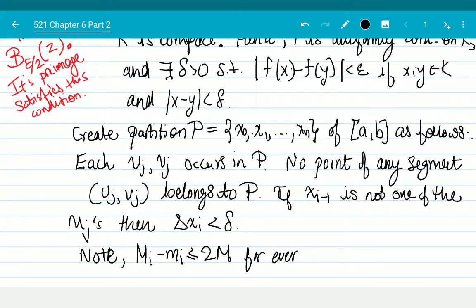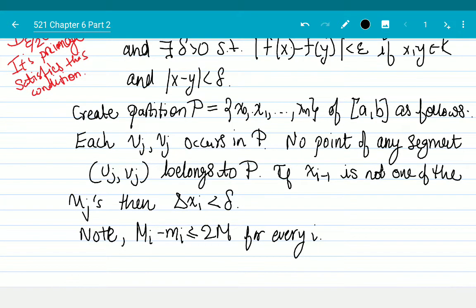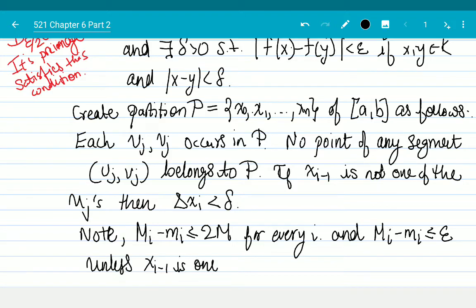And capital Mi minus small mi is smaller than or equal to epsilon unless x_{i-1} is one of the Uj's.